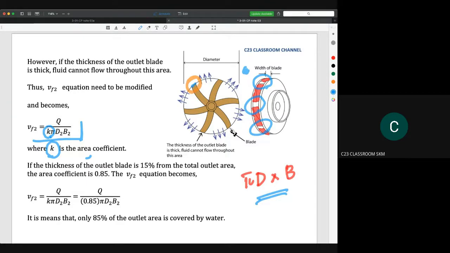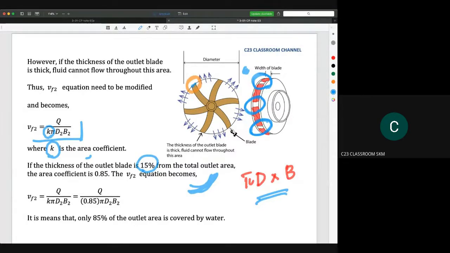So you need to read the question very well and try to imagine what happened to the pump. For example, if you have a statement like this, if the thickness of the outlet blade is 50% of the total outlet area, so the white area here is 50% of the total area.